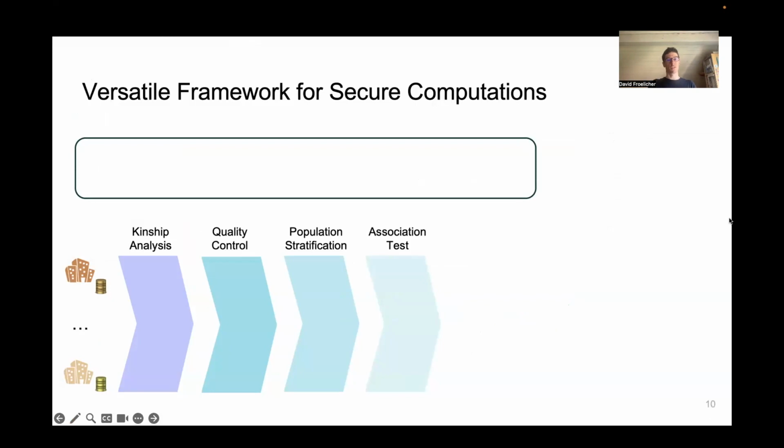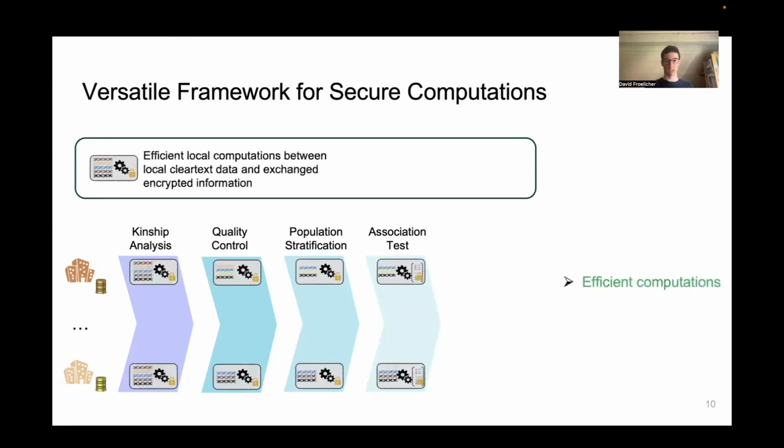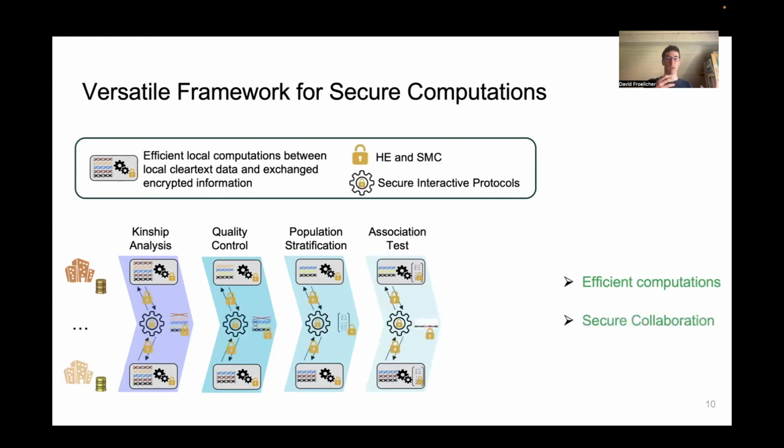So this secure and versatile framework enables us to perform complex studies such as GWAS by having the parties locally compute on their non-encrypted data, which is efficient, and also by collaborating at each step by exchanging encrypted small-scale information.